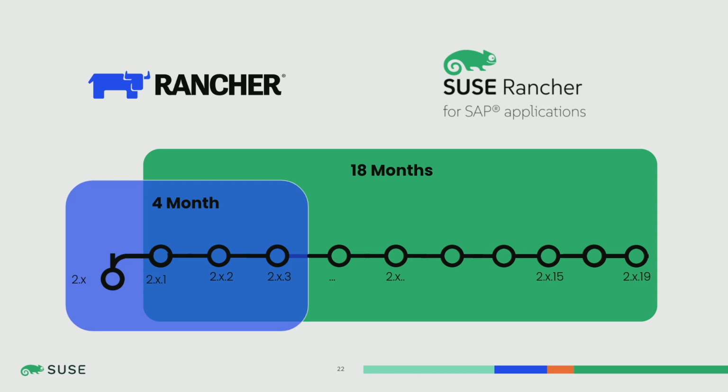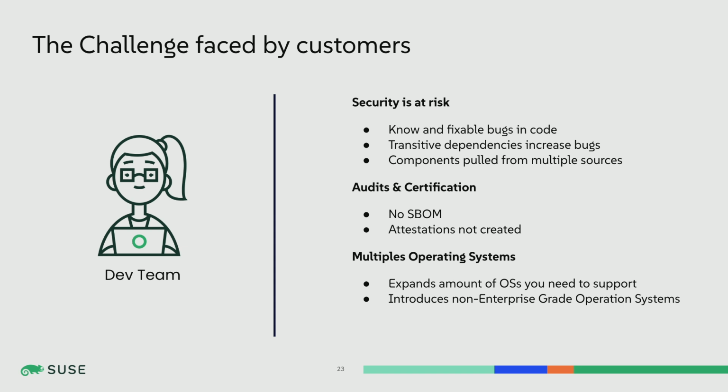Then we have talked a little bit about the Application Collection. When we talk to customers, they are facing problems because developers want to have a system very fast, very quick to build up, and they use container images from Docker Hub, and nobody knows what's in this container, what's happening with the container, who maintains the container, maybe there's no health check or no staging in it, there are lots of vulnerabilities, and there's no SBOM.